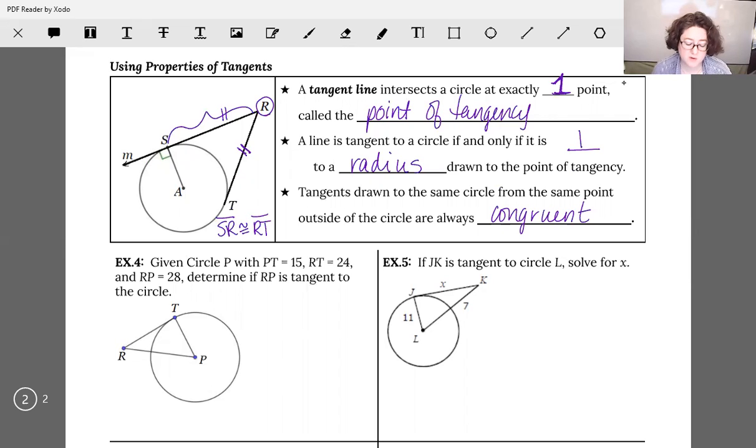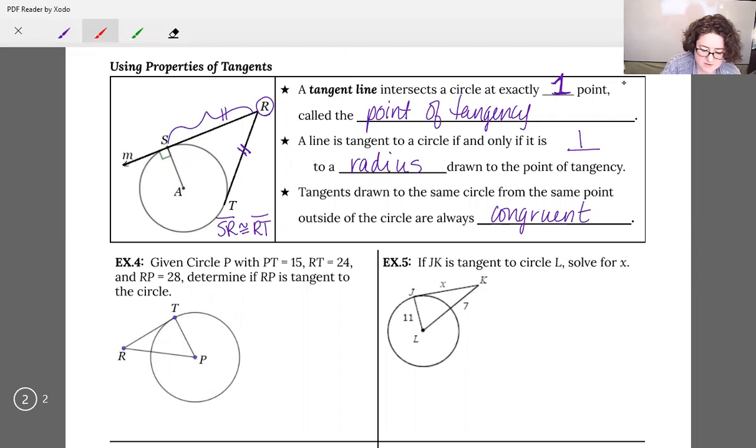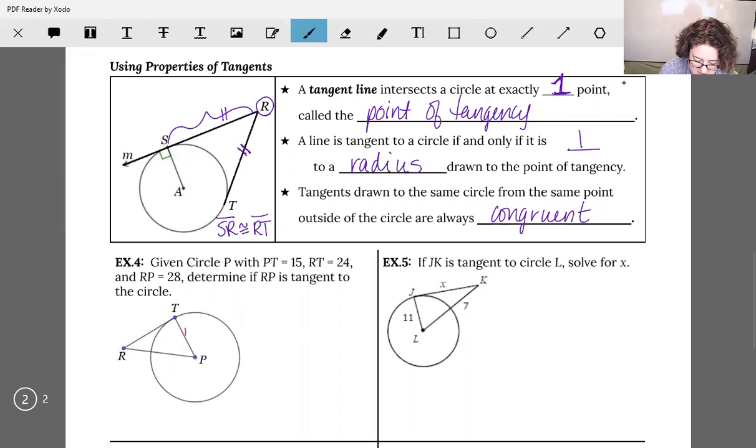Here we go, example 4. So circle P is given, segment PT is 15. So let's label that. Let me switch over to red so it pops better. So there's our 15. RT, that outside segment, technically our tangent, is 24. And RP, so this whole segment here, is 28. We're trying to determine if RP is tangent.